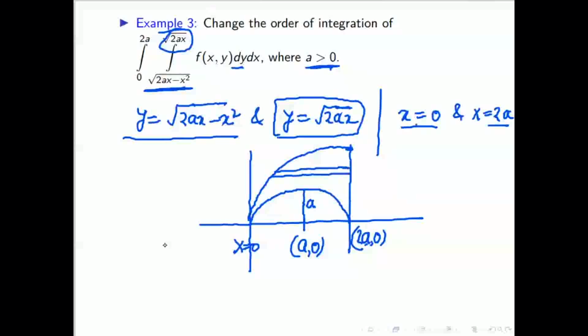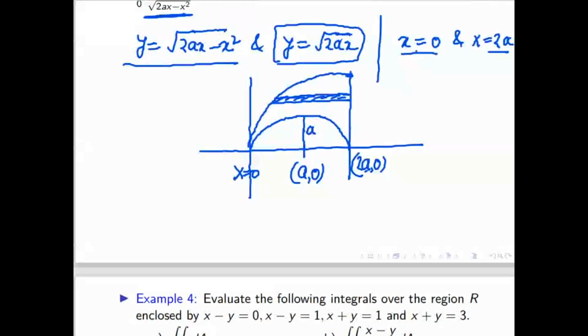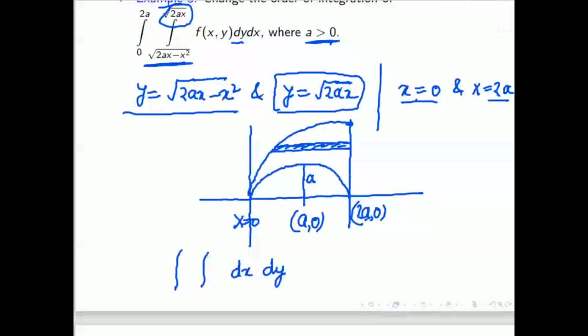So now I am taking horizontal. So once we will take the horizontal, then what will be the limit of x first and then y? Tell me, x will go from where to where? And y will go from where to where?